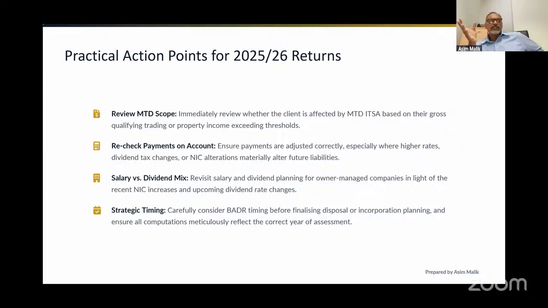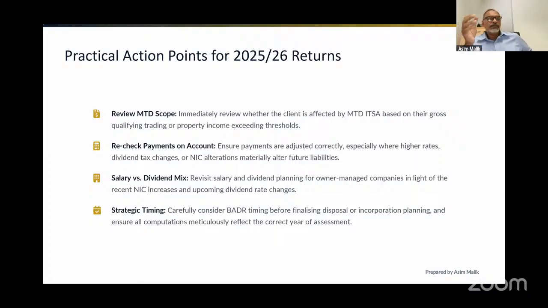Now they sometimes extract the income in the form of dividends, but in certain cases, dividends might not be the most efficient. There's an employer allowance of 10,500 pounds, which basically sets off their employer national insurance contribution. So it could be that instead of taking dividends, they can start taking salary.